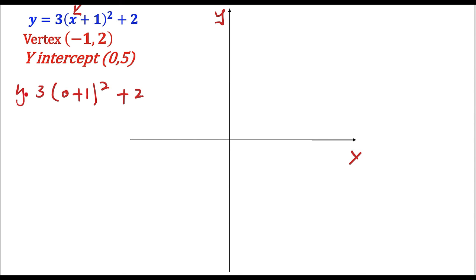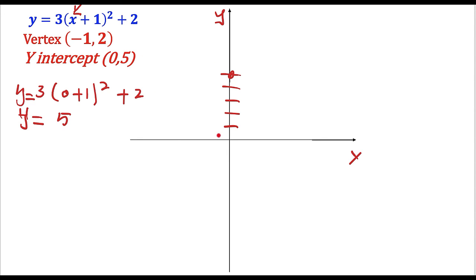So what is y? 1 squared is still 1. 1 times 3 plus 2 is 5. That's why y is 5. So (0, 5) is our y-intercept. So 1, 2, 3, 4, 5. That's (0, 5), called the y-intercept.